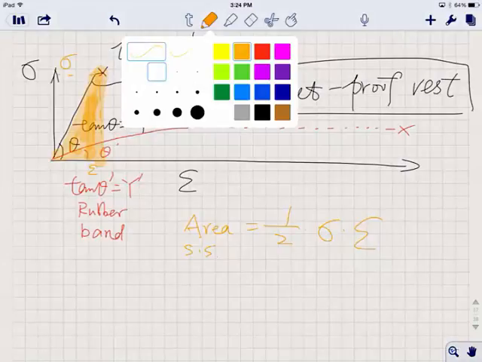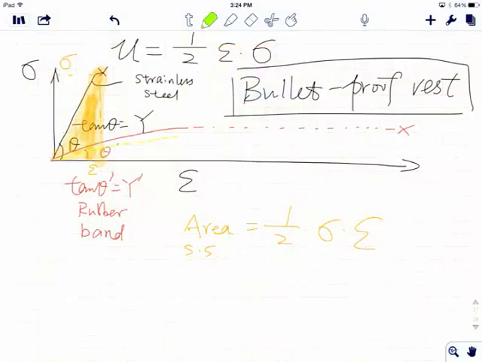Next, choose green. Okay, so whatever is inside this green, the rubber band, equals similar.